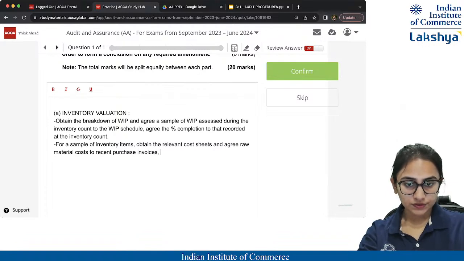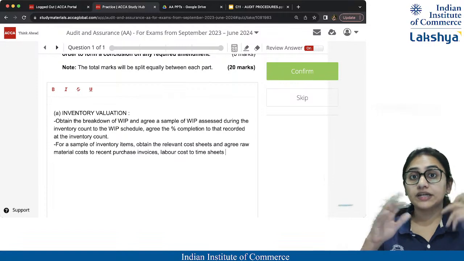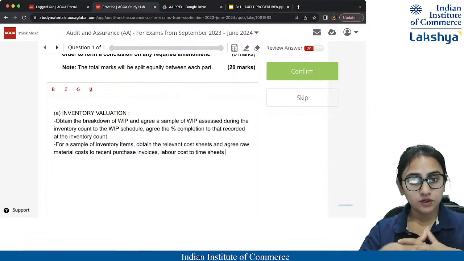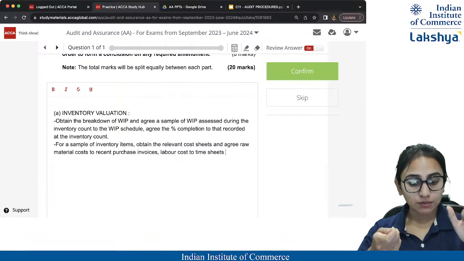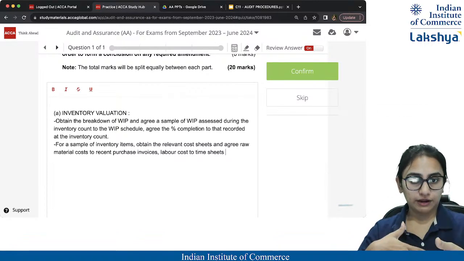Labor cost means what? The cost that you're paying the labor, compared to timesheets. You'll agree the labor cost to timesheets, like how much labor is paid on the number of hours that they give. So the labor cost that you pay will be compared to the timesheets, how much time he has worked for, and the payroll records.